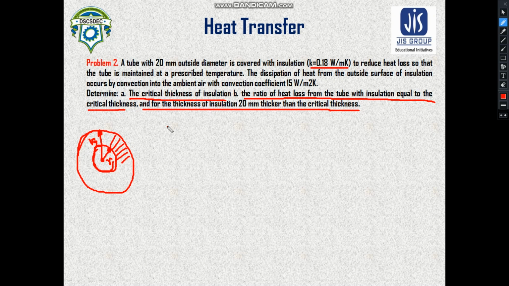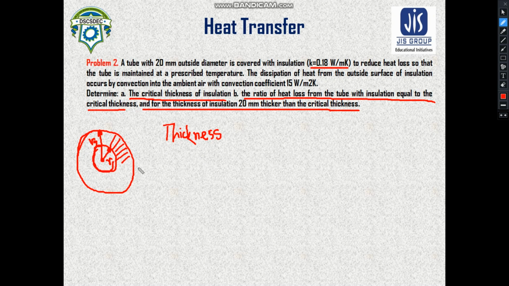So it is very simple, thickness is nothing but r2 minus r1. That means outer radius minus inner radius. Okay, so you need to find out outer radius minus inner radius.